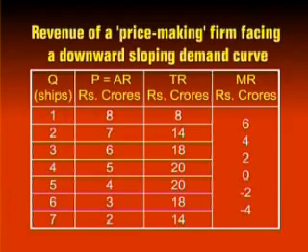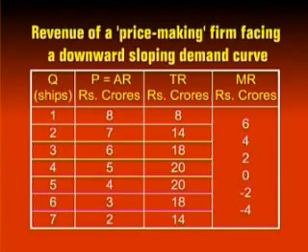Now let's illustrate this through the table. When the price is 7 crores, 2 ships are sold. Now if the firm wants to sell one more, that is, if it wants to sell 3 ships, it will have to lower the price to rupees 6.